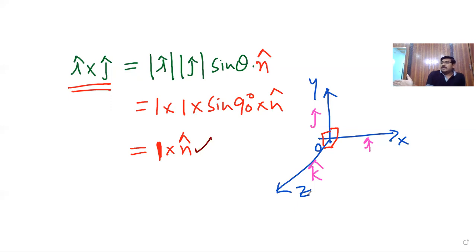So at I bar, the right hand fingers should be straightened, then towards J bar, curl them down such that the thumb shows upward.